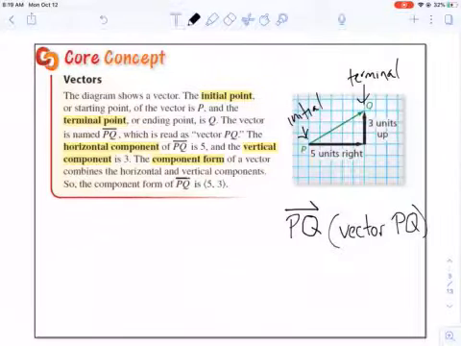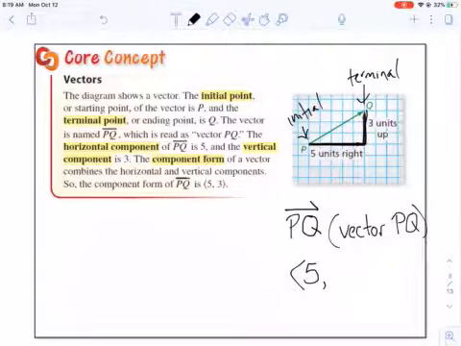Now, all vectors can be written in component form. And basically, component form is just telling the directions to get from P to Q. So if you look here, you have to go 5 units right and 3 units up. Well, we would write that as 5, because we're talking about our x here. Positive 5 is right.